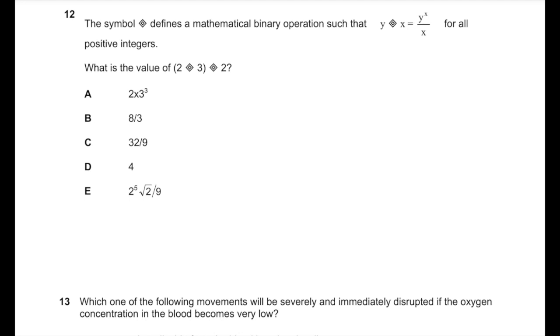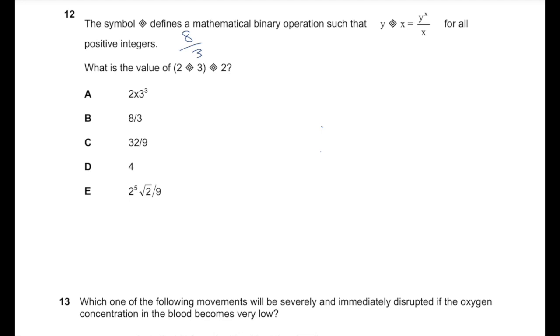If we let y equal 2 and x equal 3, we are going to get 2 to the power of 3 over 3, which is equal to 8 over 3. So, this bracket's area is 8 over 3.